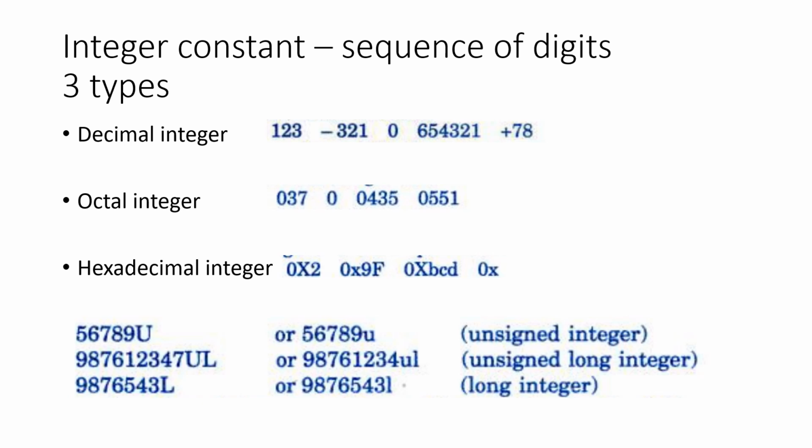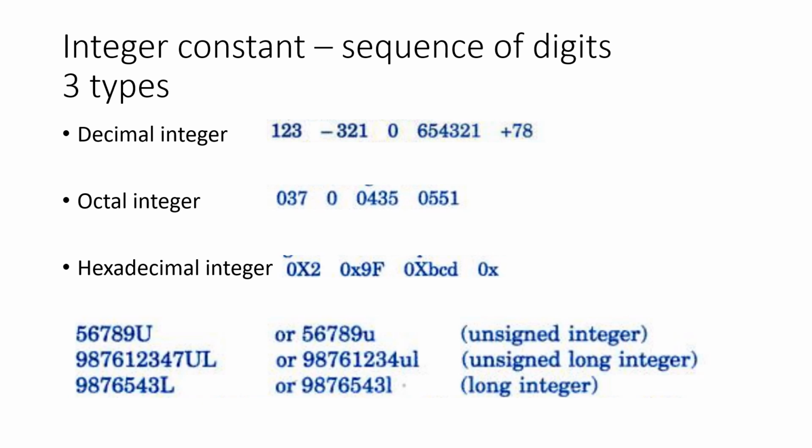So minus 321 is a decimal integer, plus 78 is a decimal integer, 0 is a decimal integer. In octal, the first digit has to be the representation of octal, and in hexadecimal 0x is used.